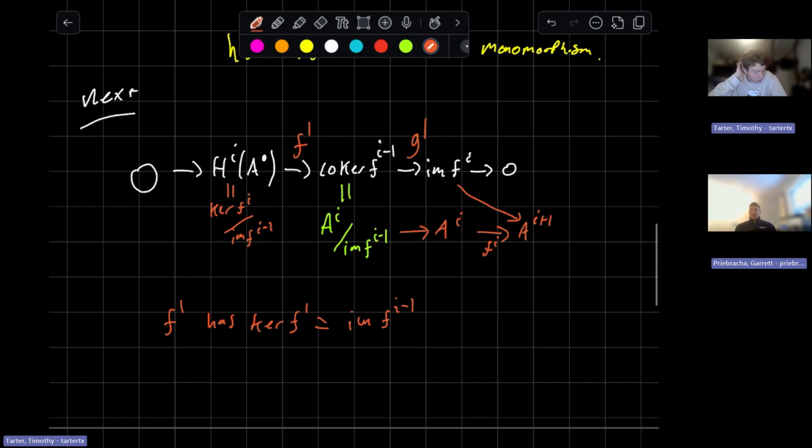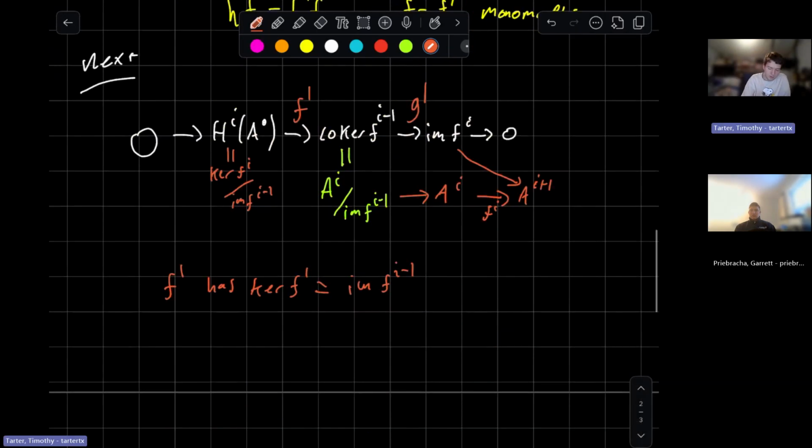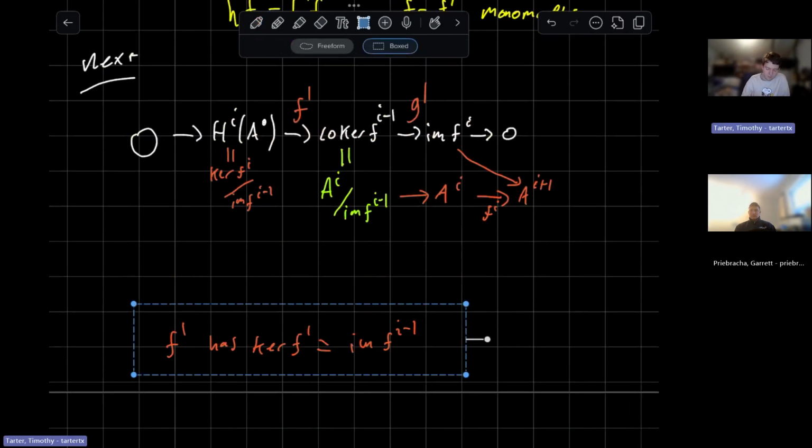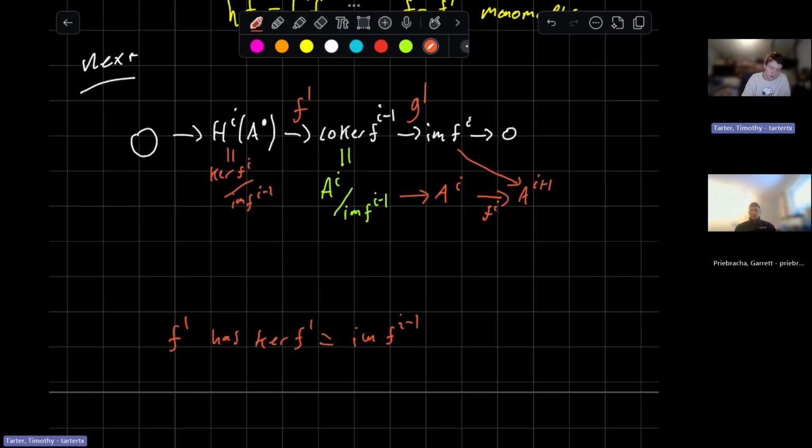And then the co-kernel is AI mod the image of F prime. No, it would be the kernel of F prime.